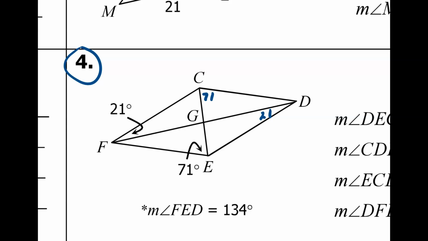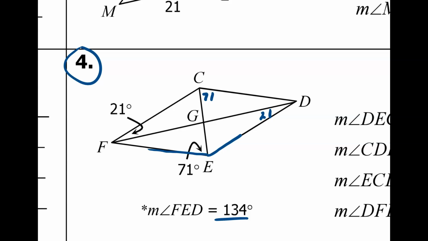We can look at the consecutive angles. Well, we don't have enough for consecutive angles, but we need to observe this down here. So angle FED is 134. So let's see if we can find that. So FED is this angle in here, and that whole thing is 134.